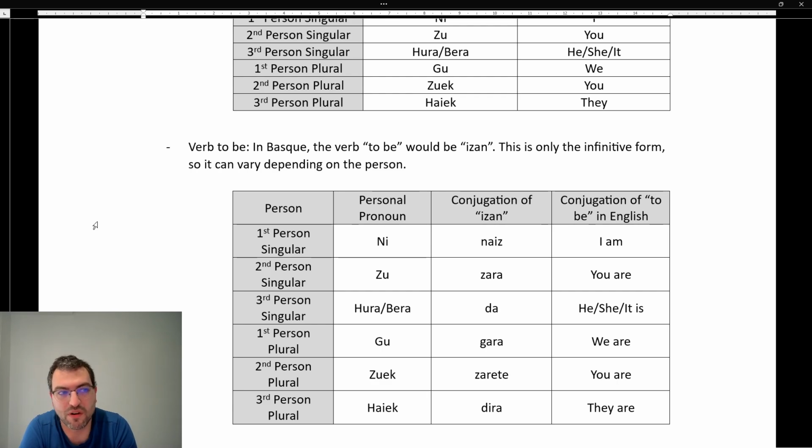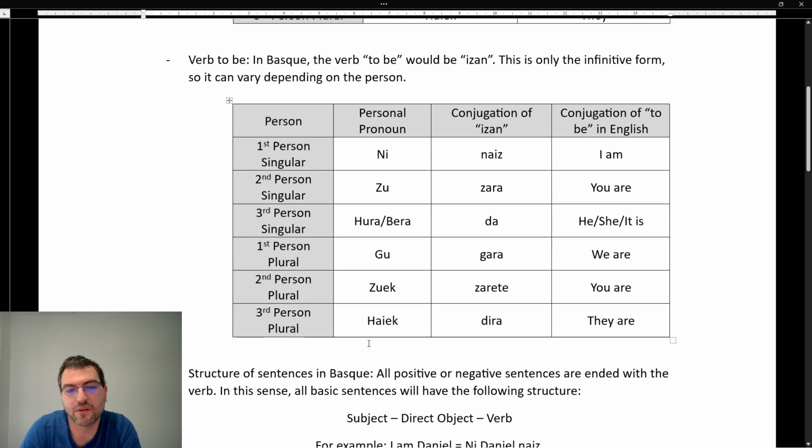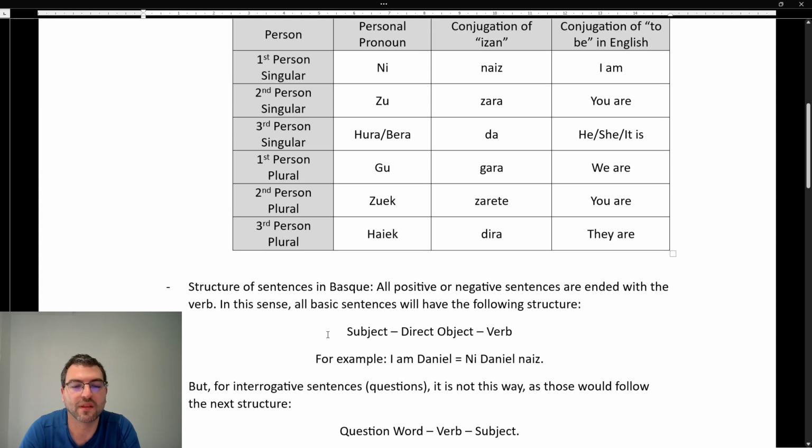So for the first person plural, for gu, we are, it would be gu gara. For the second person plural, you are, it could be zuek zarete. And for the third person plural, they are, it could be haiek dira.